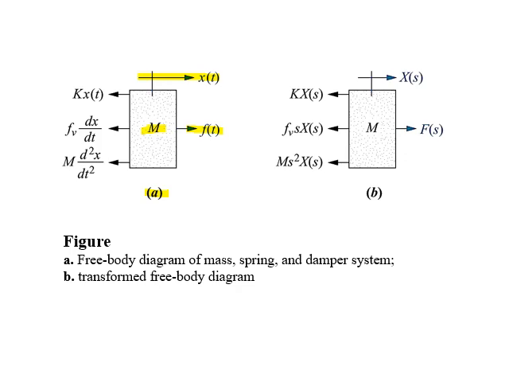Now the spring will resist its motion and apply a force opposite to the direction of motion, which will be kx(t). Similarly, the viscous damper will also oppose its motion in the direction of x, so it will apply a force opposite to the direction of motion.